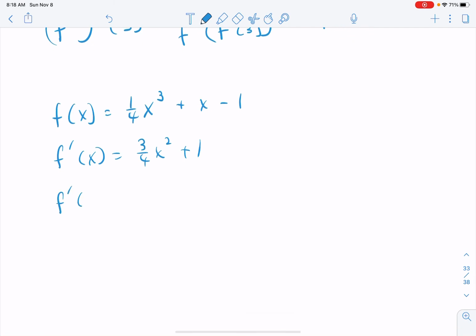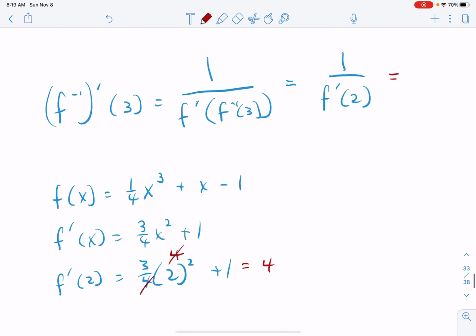So f prime of 2 is equal to 3/4 times 2 squared plus 1. The 2 squared is 4, of course. And that 4 and this 4 are going to cancel out. And I'm left with a 3 plus 1, 4. Which means our derivative is equal to 1/4.